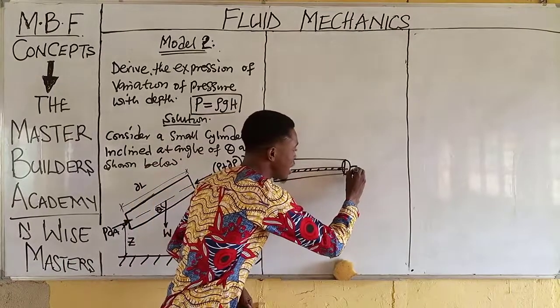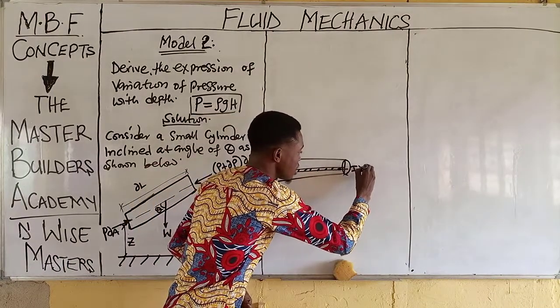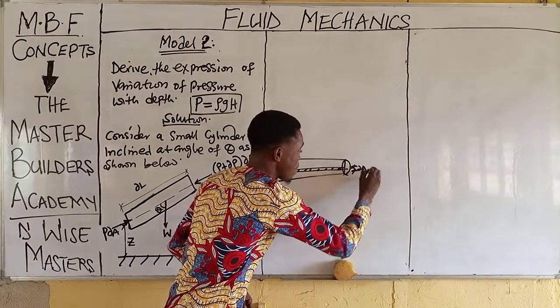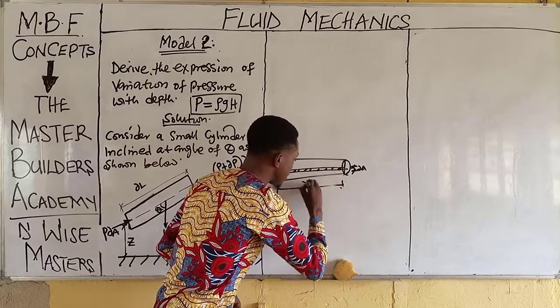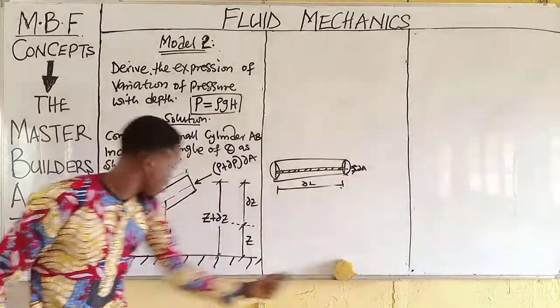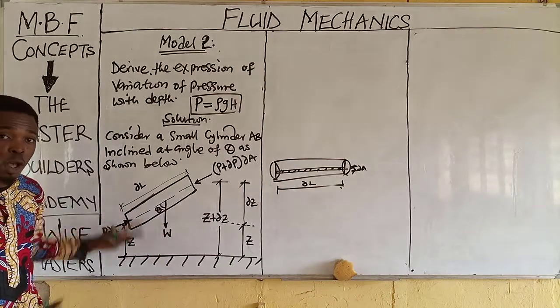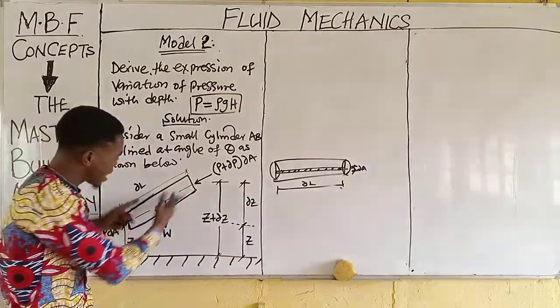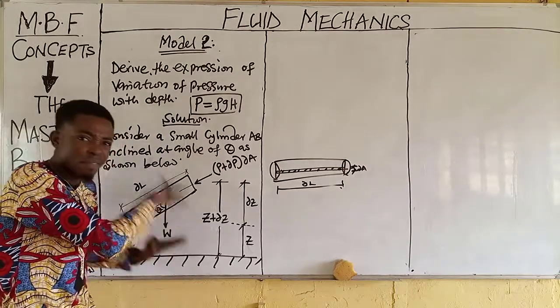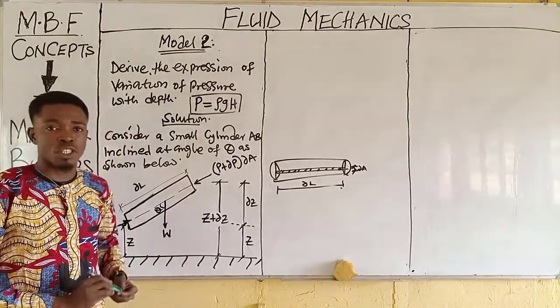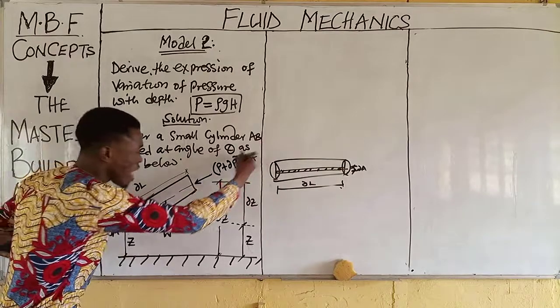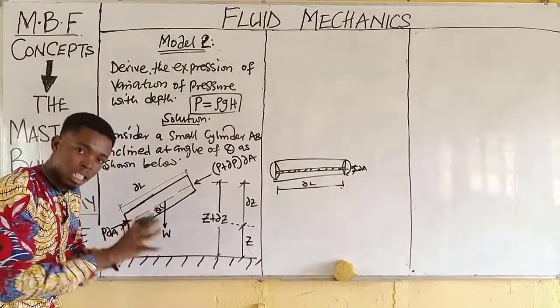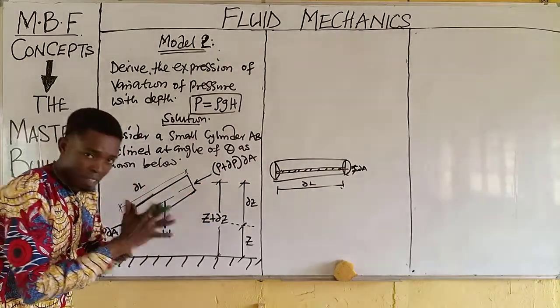So everything here will be changed in area, while this will be changed in length. That elemental section we take is what we have here, but we magnify it so that we will be able to reveal all the active forces. In this case, we have the pressure acting at both ends, and these pressures are acting compressively. Are you there?